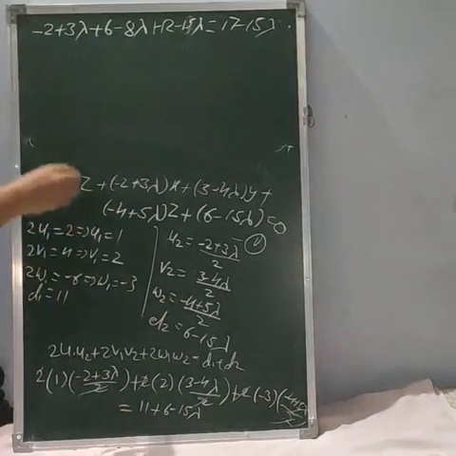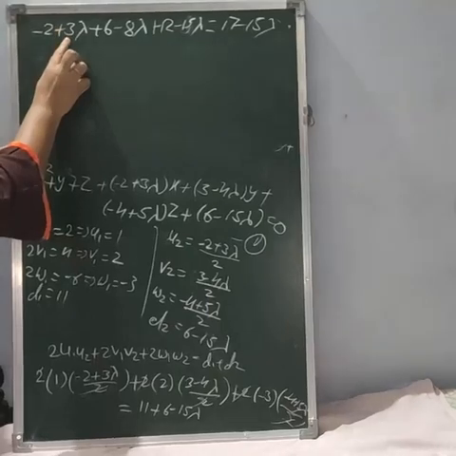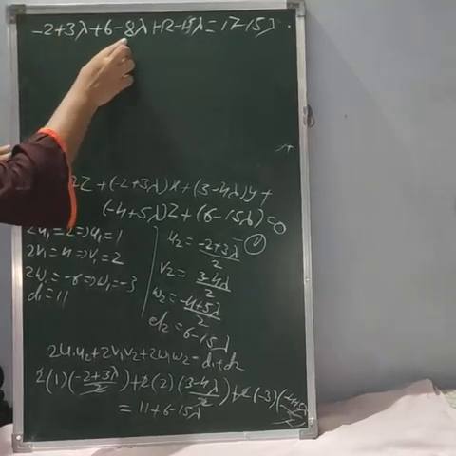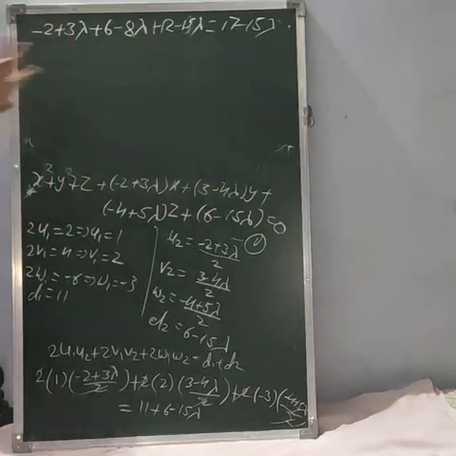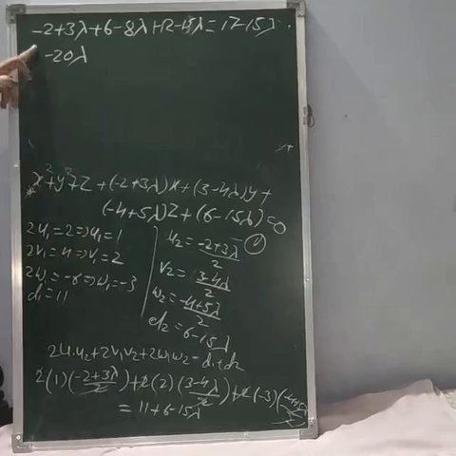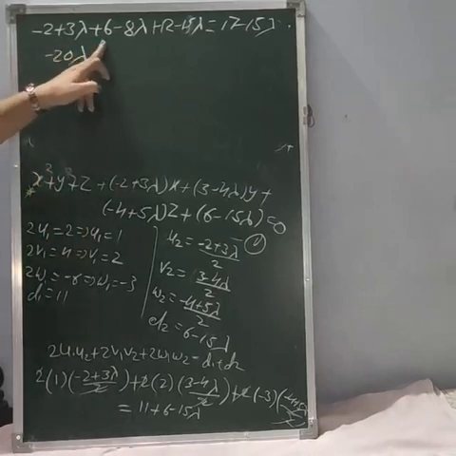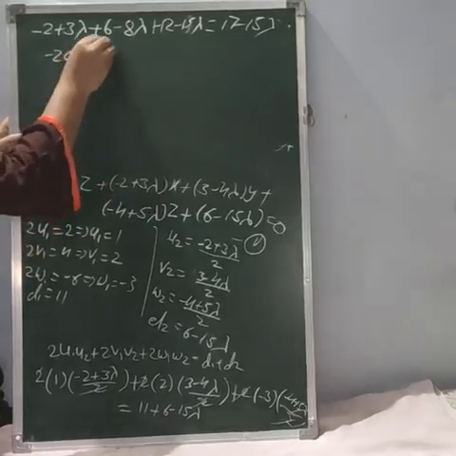Okay, so solve this. First we will solve for lambda. 3 we are having minus 8, and here minus 15 lambda, so you will get minus 20 lambda. And here minus 2 plus 6 gives plus 4, plus 12, so you will get plus 16.